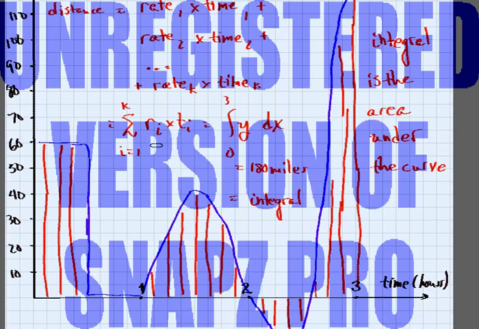But notice that we can get really fancy in our notation here. We can write this sum of all those rectangles using the sigma notation. Namely, a sum from i equals 1 to k of the rate at a particular time times how much time we spent traveling at that rate.